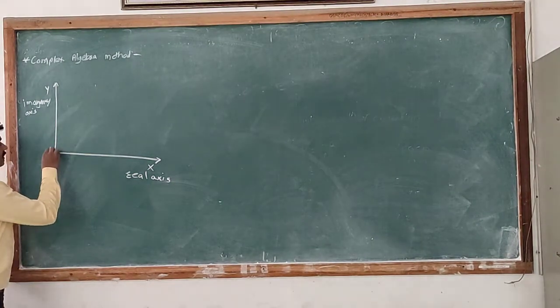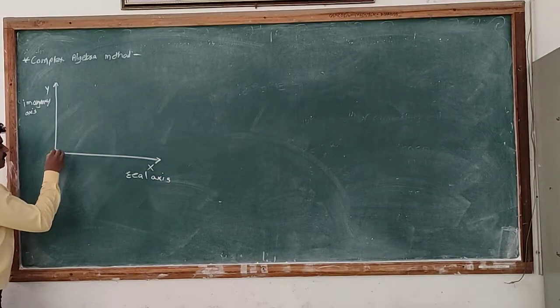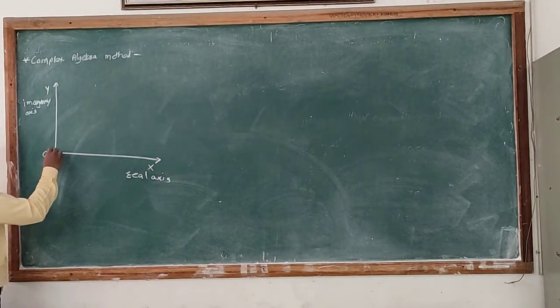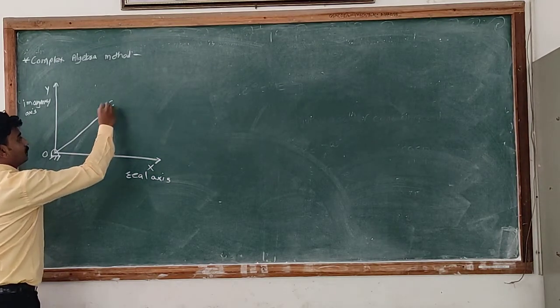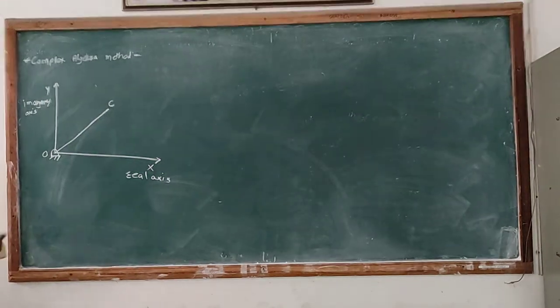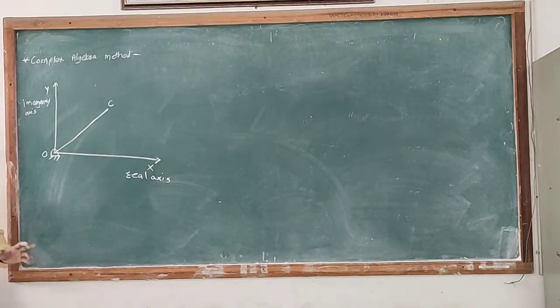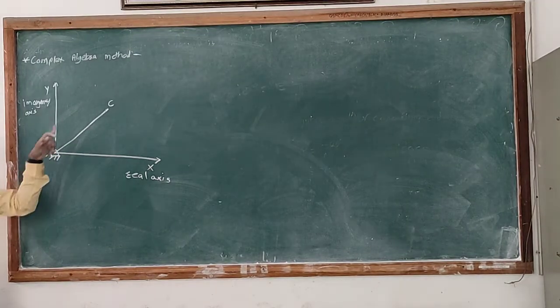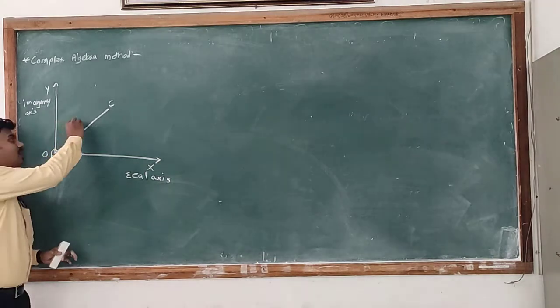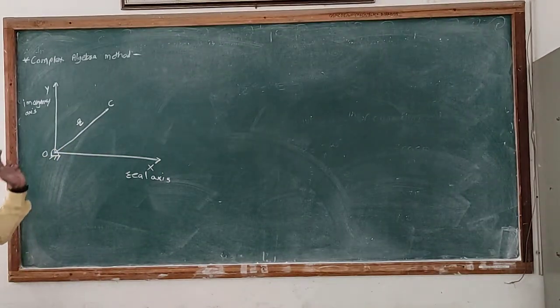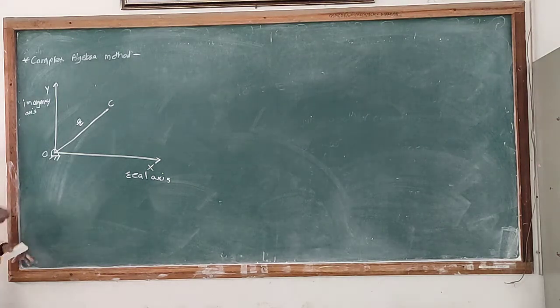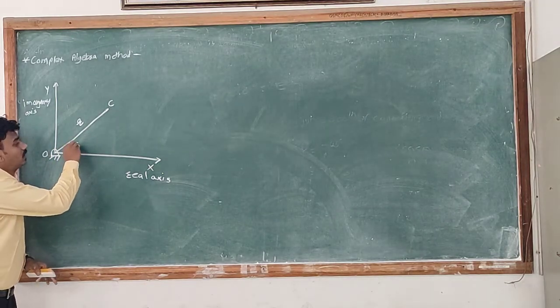Suppose I consider one link OC, starting at the origin, with C as the end point, having a length R. This link makes an angle theta with the real axis.